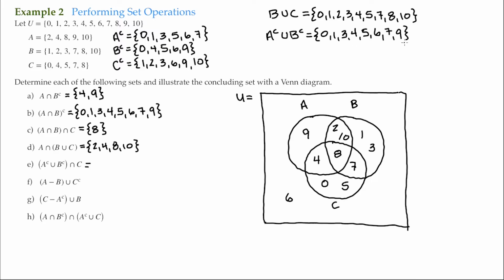Now we want to see where this intersects C. So all the elements that are in this right here and in C, it looks like 0, 4, 5, and 7.